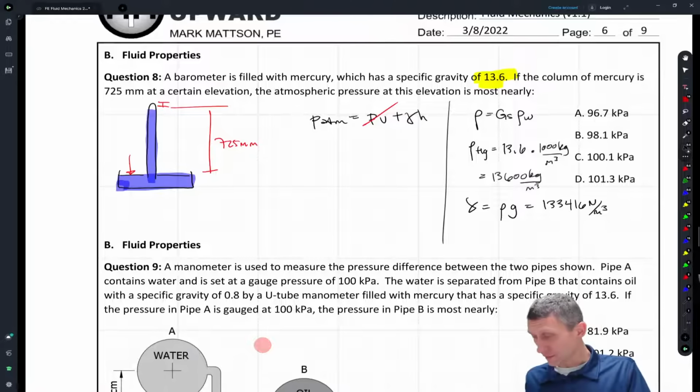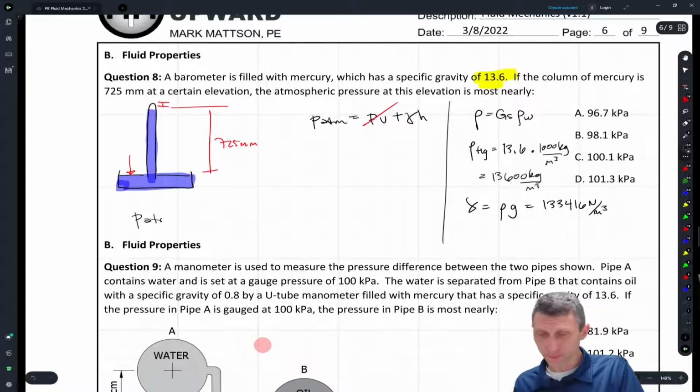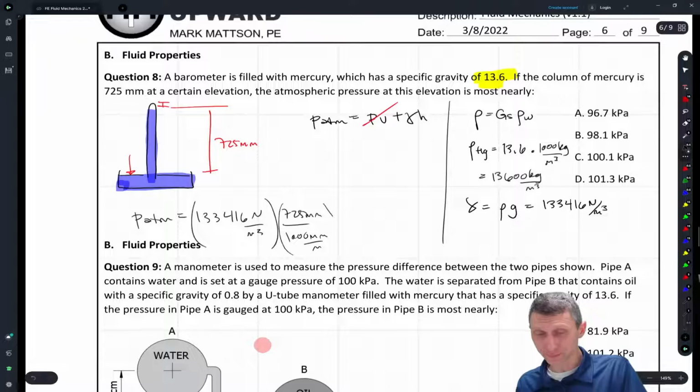So the atmospheric pressure is just going to equal our 133,416 newtons per cubic meter times, what do we have, 725 millimeters divided by 1,000 millimeters per meter times, we want kilopascals, so we're going to say what we get.